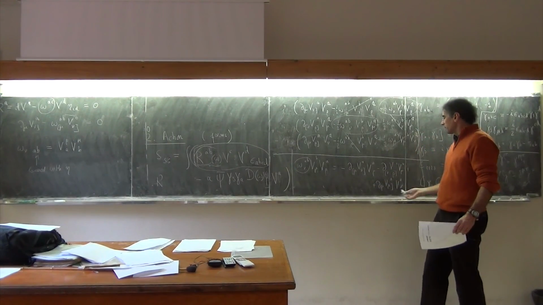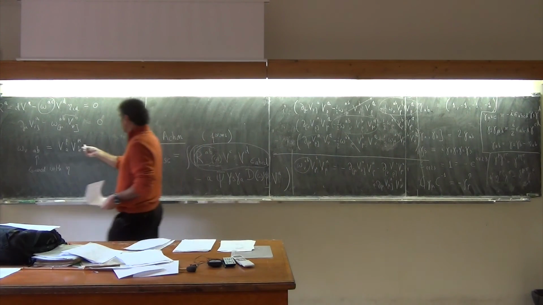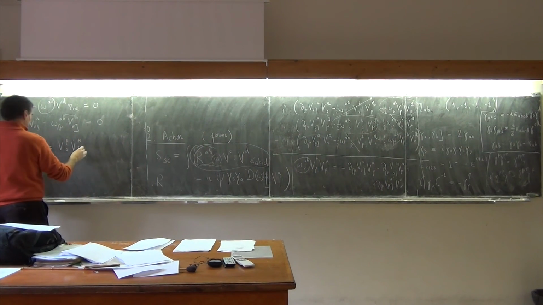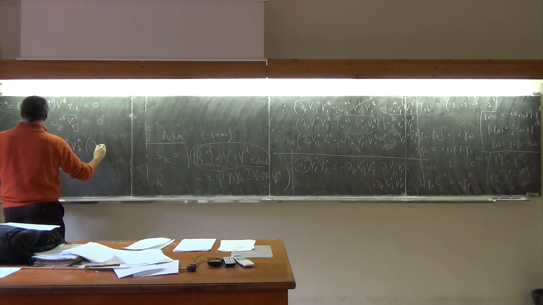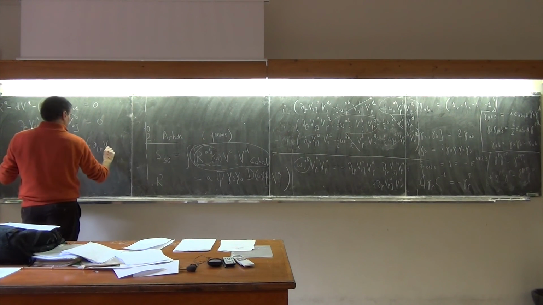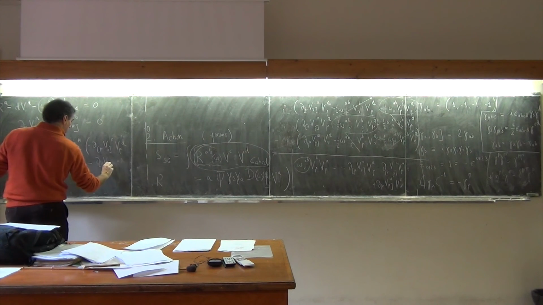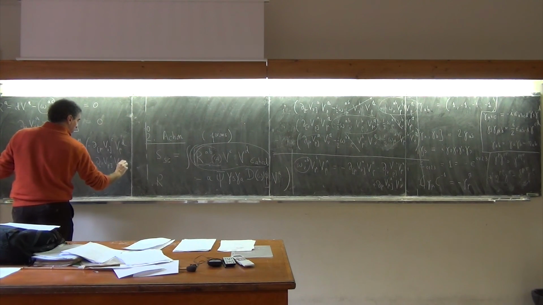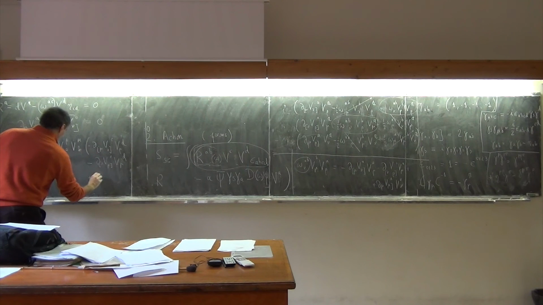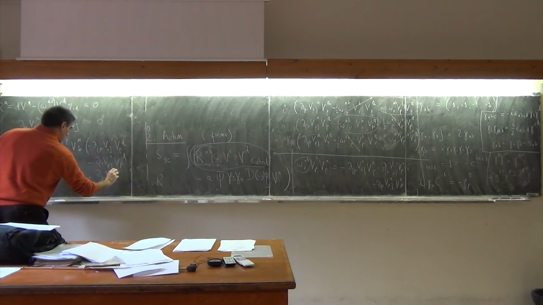I'm multiplying here by the inverse field line, and this is the inverse field line, minus d mu. And this will be the formula, the final formula that gives me what I was telling from the beginning. Plus, and that's it.